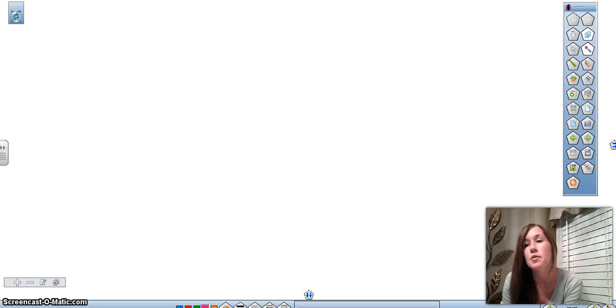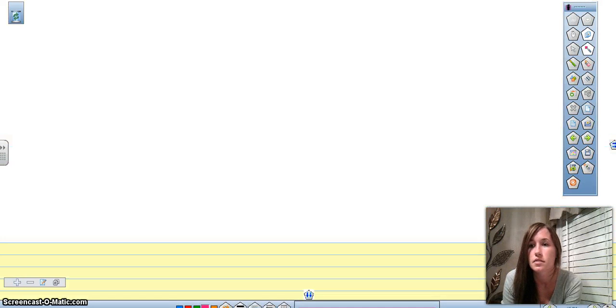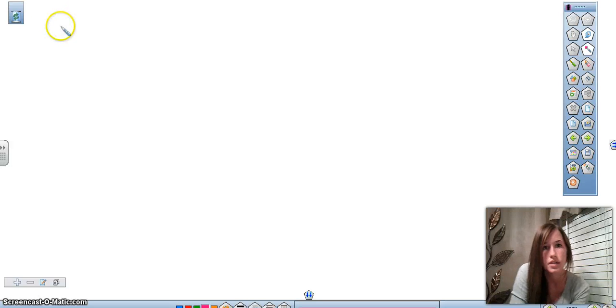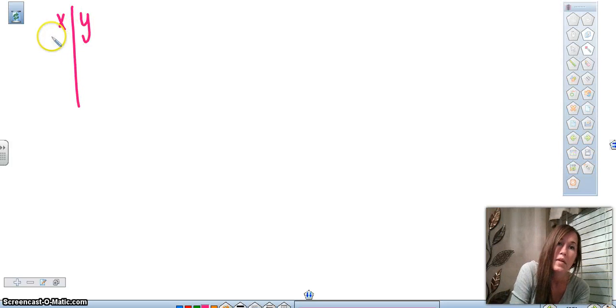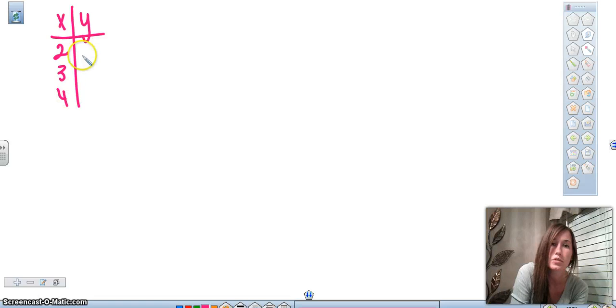Just to kind of maybe look at an example. Remember that a proportional relationship would have a constant multiple. So let's say that our constant multiple is 3: times 3, times 3, times 3, times 3. So this has a proportional relationship.